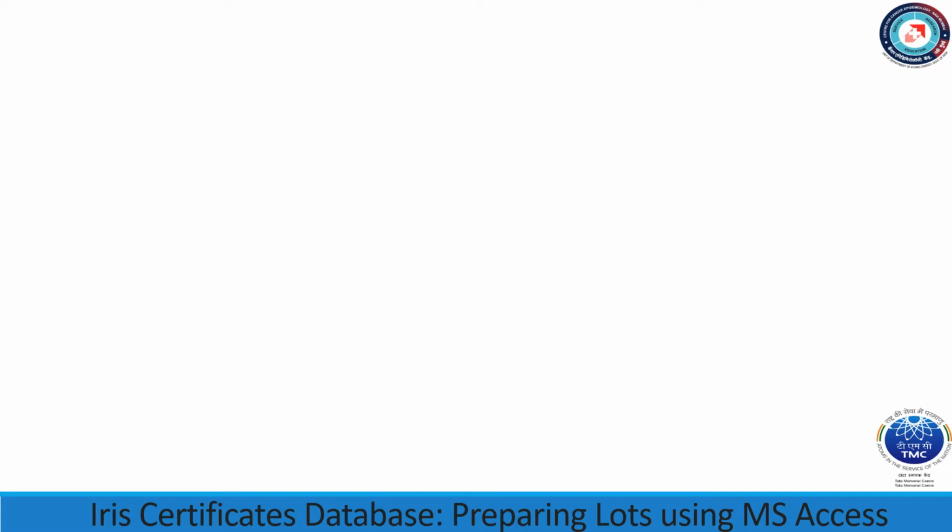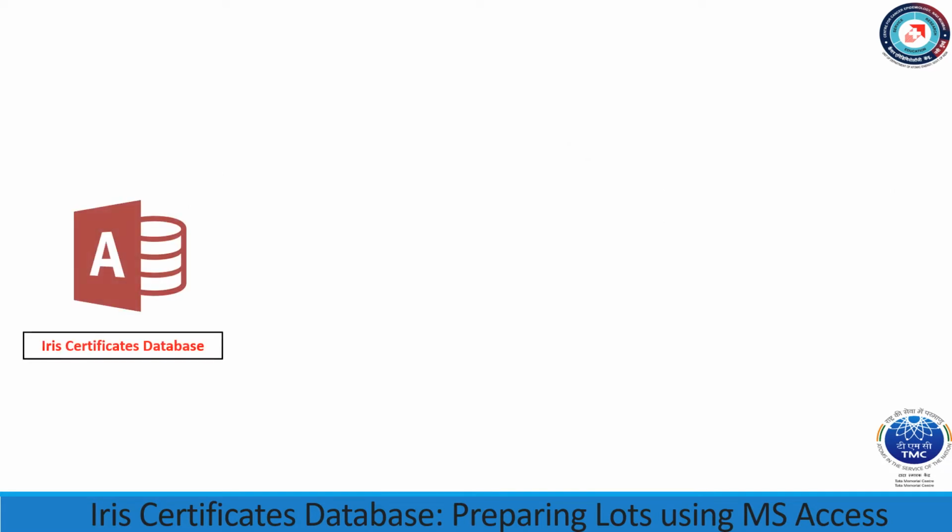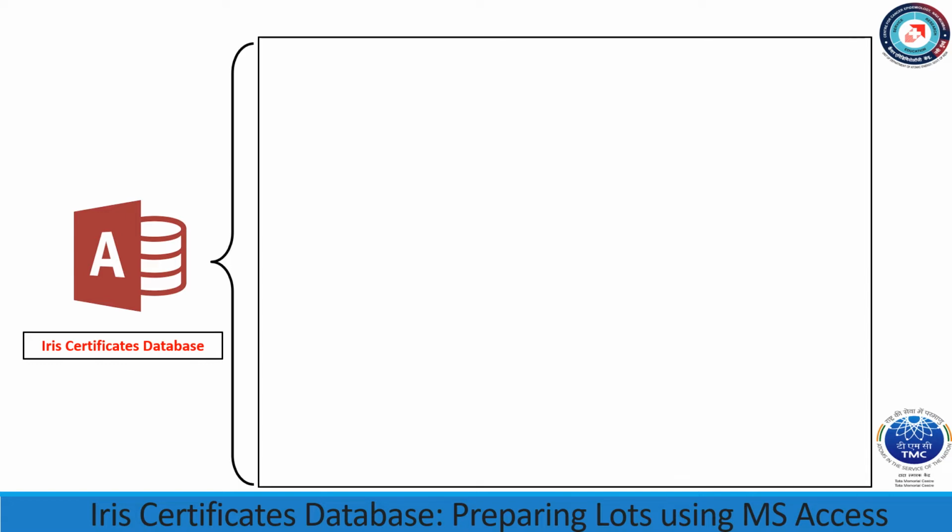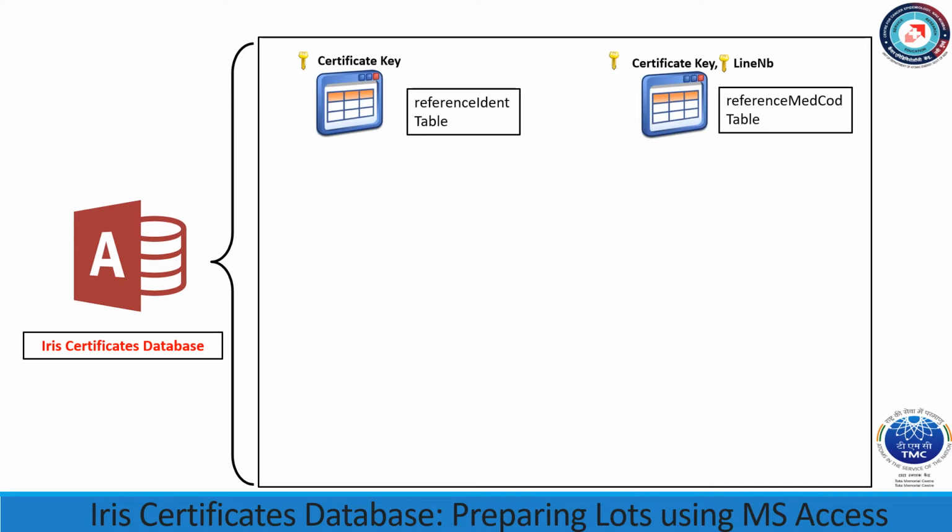Moving on, let us see how to prepare lots in Iris using Microsoft Access database. One of the most important concepts of database is primary key, which uniquely identifies the records in the tables.